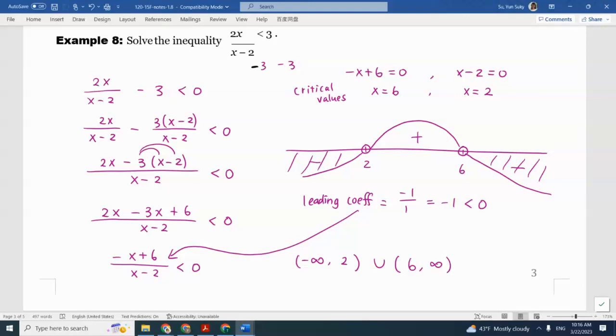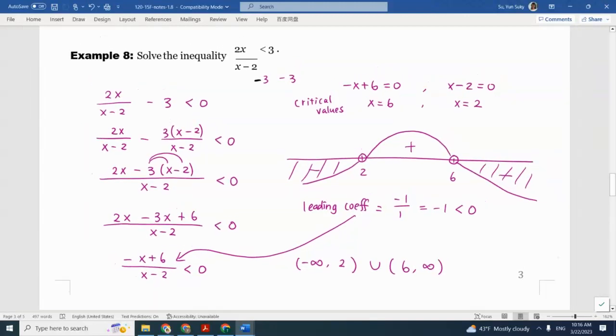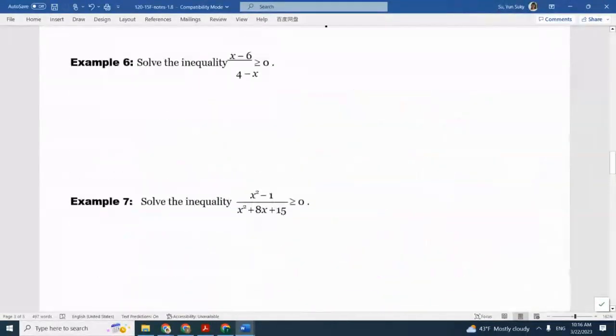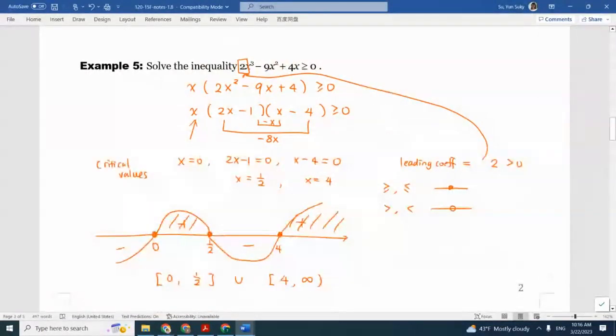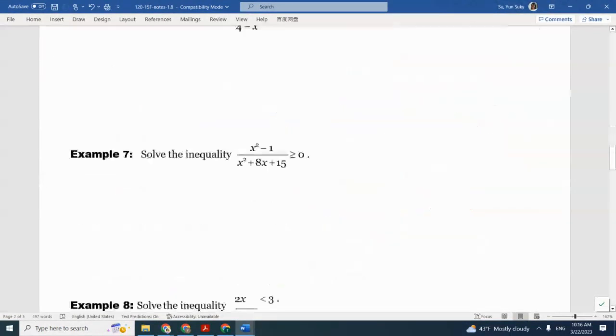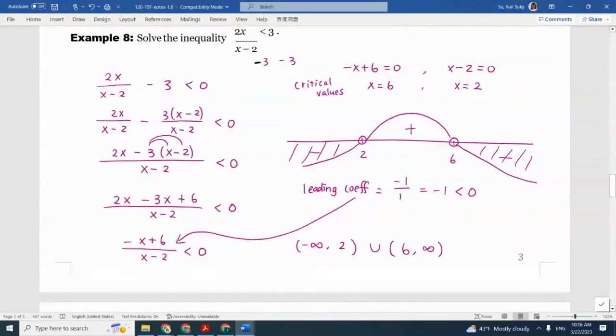Okay, one thing I want to mention is, if we have a polynomial inequality, this graph is the actual graph of the function on the left. But if we have fractions, this is not the actual graph, because with fractions we should have a vertical asymptote.